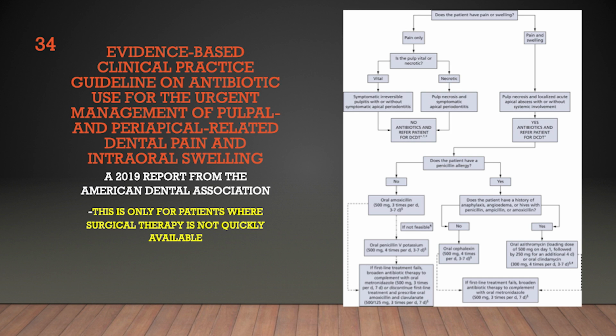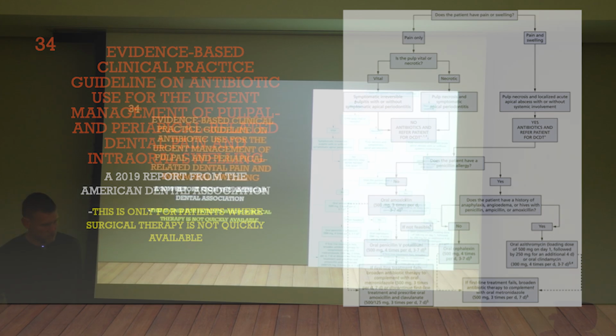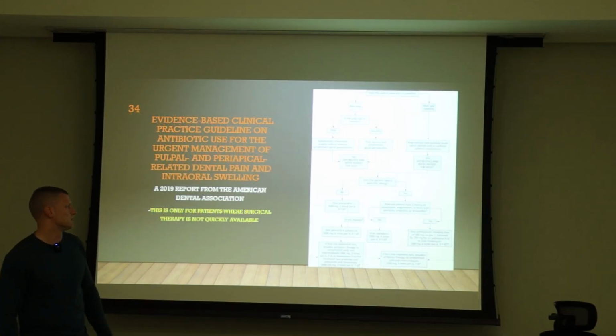And then if the first line fails, you're going to add metronidazole to it. Or you could just discontinue the amoxicillin and switch to basically Clavamox. So they're starting with a very early generation, very low strength antibiotic, and then working their way up, versus just throwing everything at them at the beginning.